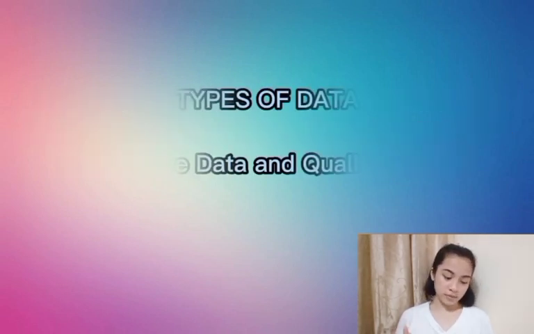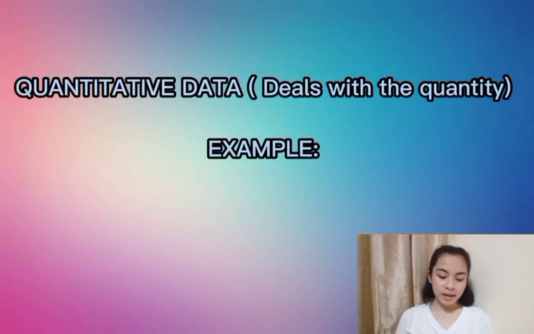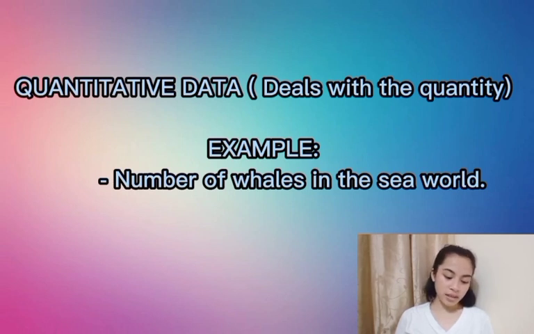There are 2 forms of data: quantitative data and qualitative data. Quantitative data deals with quantity, for example, the number of whales at the sea world.